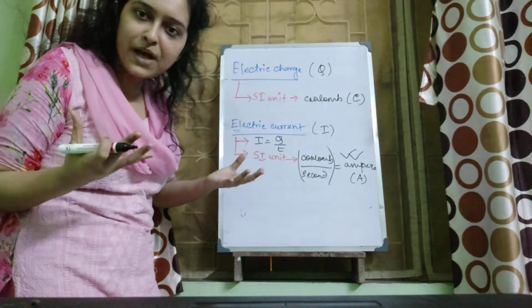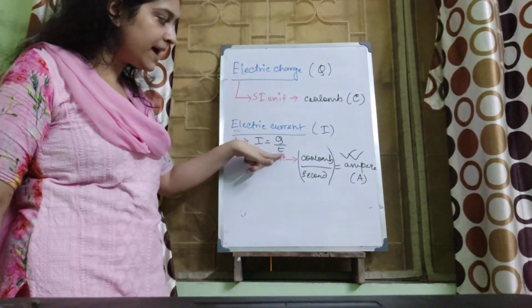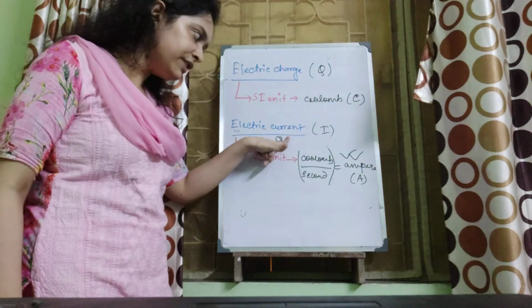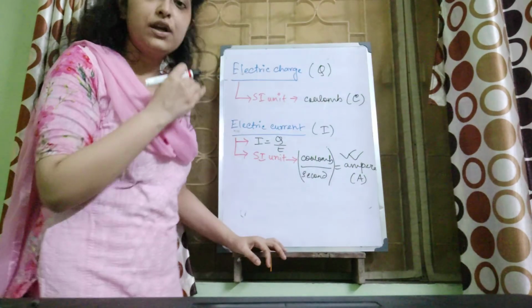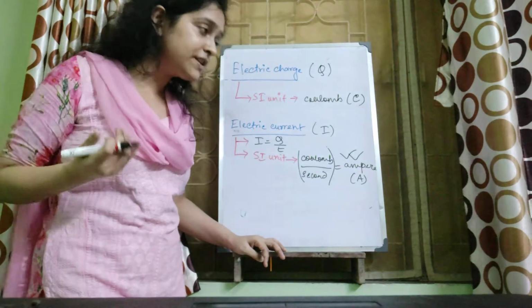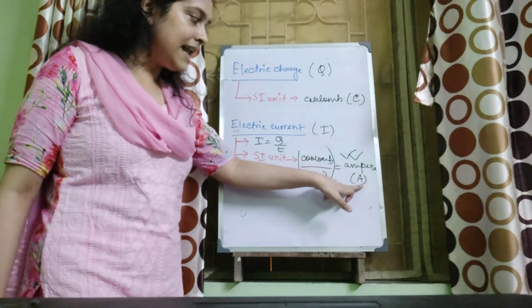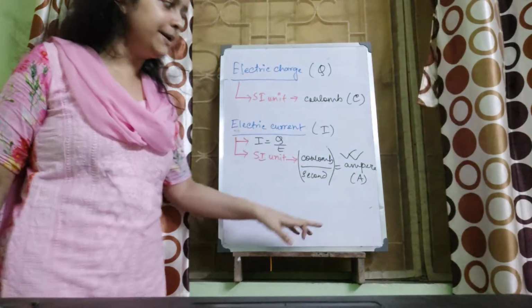How has the ampere come about? Coulomb by second. See, I equals Q by T. So the SI unit of Q by SI unit of T. SI unit of Q is Coulomb. SI unit of T is second. So Coulomb per second, we call it ampere. It's again after the name of a scientist. So ampere, in abbreviation it is capital A. But in full form it's ampere.